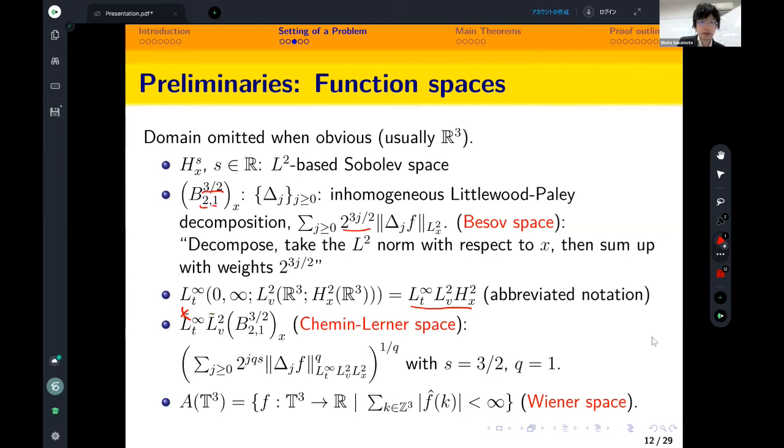However, if there is a tilde, the order of taking summation and taking L^p norms is different, because here we first apply the Littlewood-Paley decomposition, the decomposition on the Fourier side, then take all the norms first before taking summation, and then take summation. So they are different, and it can define a different topology.